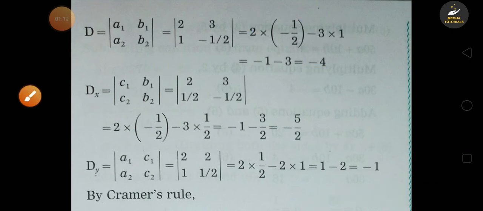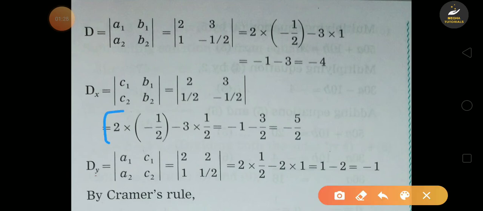Then come to Dx. Values are 2, half, 3, minus half. So you can write 2 into minus half in one bracket and 3 into half in another bracket. So these 2 and these 2 can be cut. So you will get minus 1 minus 3 upon 2.